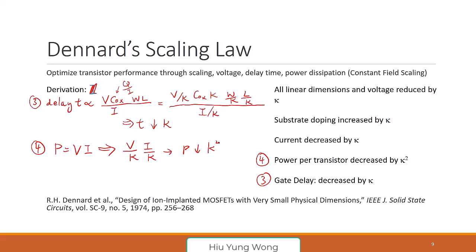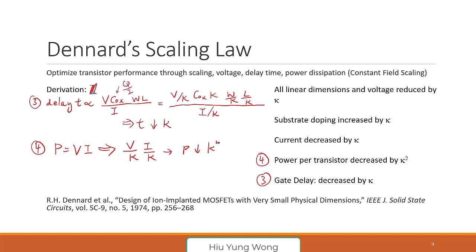Now you see that the point is, yeah, you put more transistors on the same chip, but the total power is still the same because you make them smaller. So the power consumption per transistor is reduced by kappa squared. So even if it was 100 watts before, if I follow this scaling, I still have 100 watts, but my function increased by many times. Any questions?